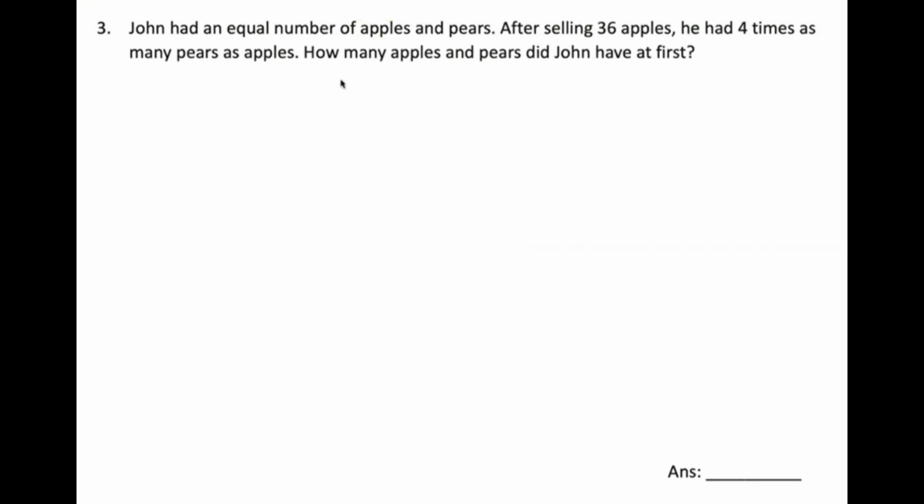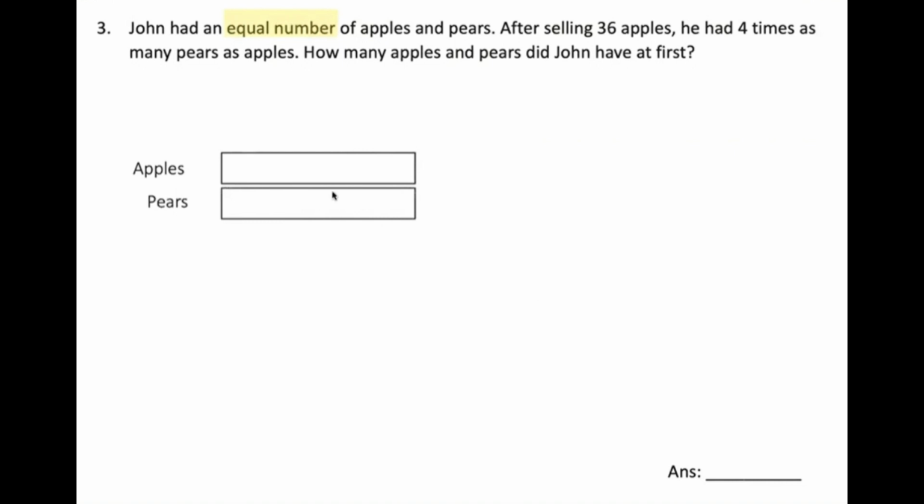John had an equal number of apples and pears. So I'll draw a bar for apples and a bar for pears, and they are equal. Okay. Next, after selling 36 apples, he had 4 times as many pears as apples. So I'm going to shade away some apples. Okay, 36. Now the question is, how much should I shade?